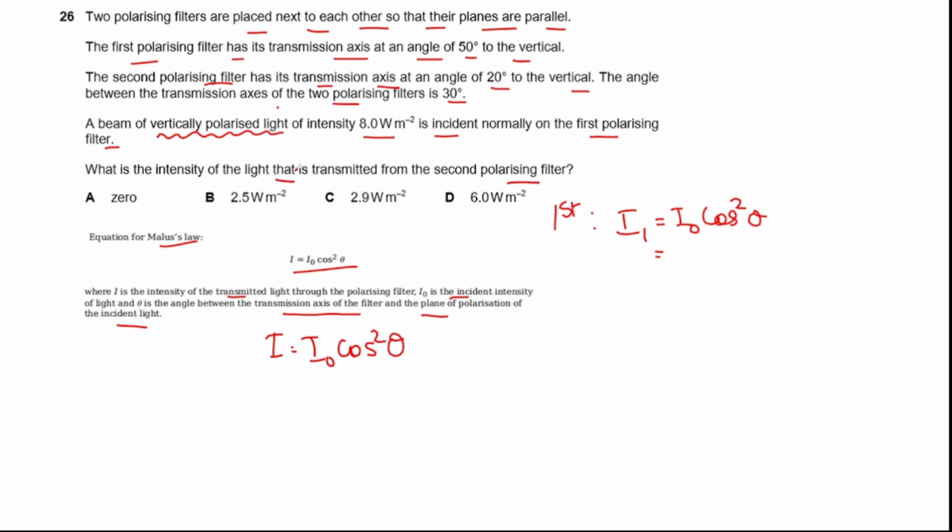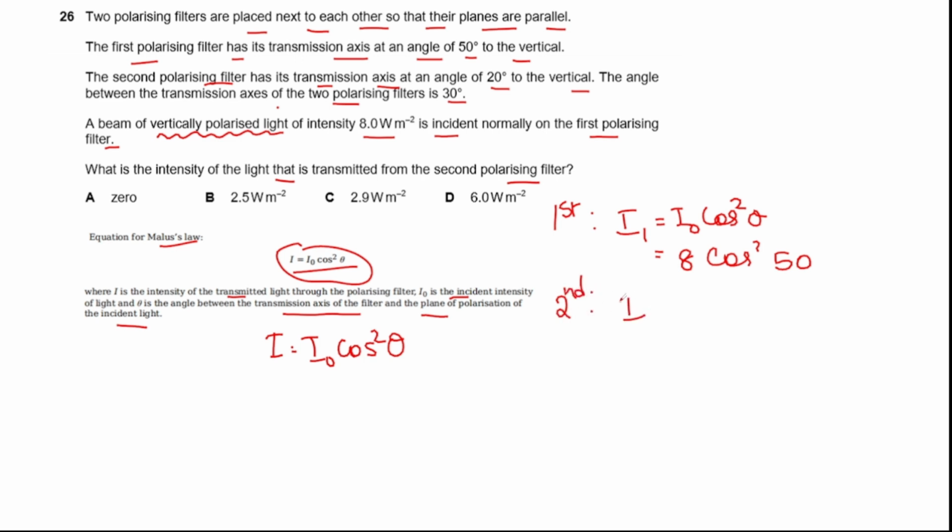But here polarized light is given, so it is obeying this law. So Malus law obeys only when the light is polarized light. So here you can substitute the values. So I naught is 8 and cos square, the angle is 50 degrees. So this is the intensity after passing through the first one.